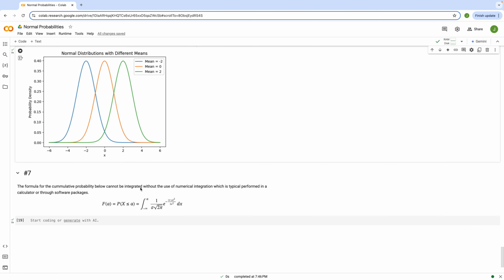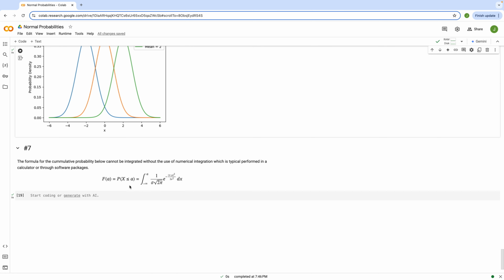Okay, and then the last thing that I wanted to mention is the cumulative distribution is defined by this formula. And I've gone through this demonstration of calculating probabilities in Python because it's not possible to anti-differentiate this improper integral. In addition, if you wanted to calculate these values that we calculate in Python, you'd have to use numerical integration with Riemann sums or like a trapezoid rule.